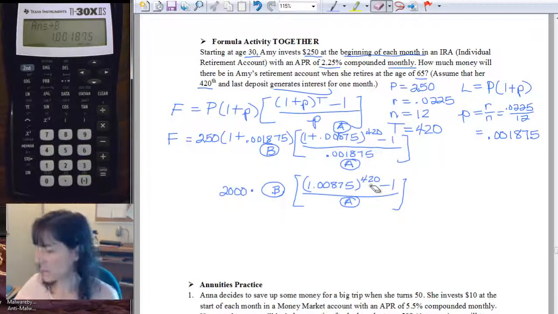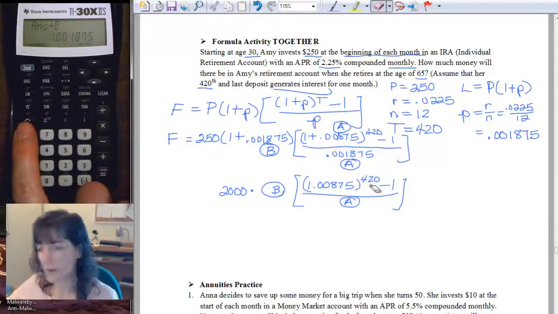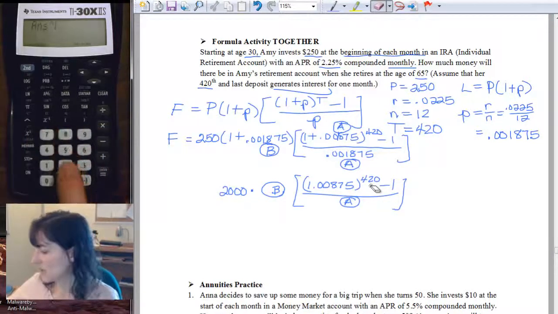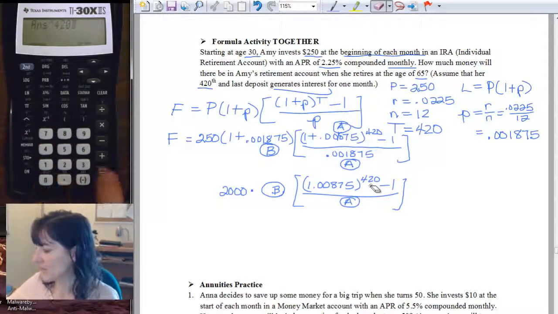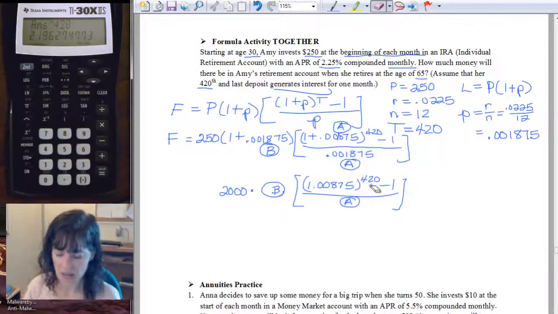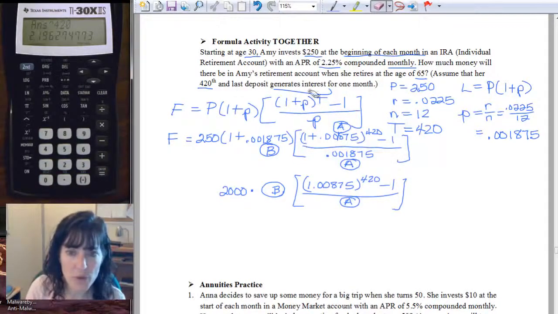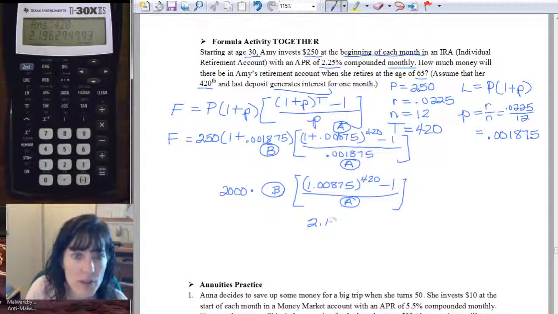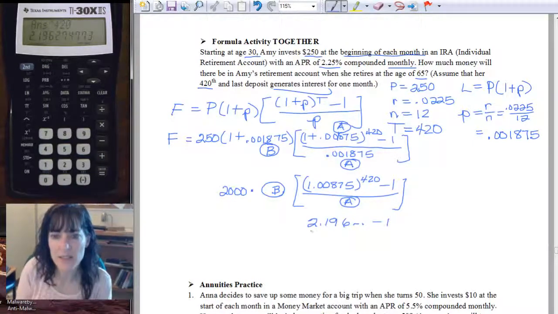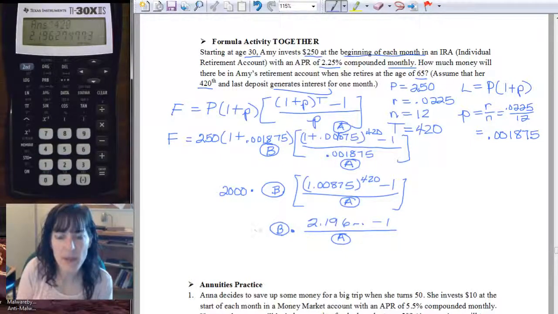So I should be able to just do, on my calculator, to the 420 equals, and I get 2.196, and then it goes on and on. I still need to subtract 1, divide by what's in A, multiply by what's in B, and multiply by 2,000.